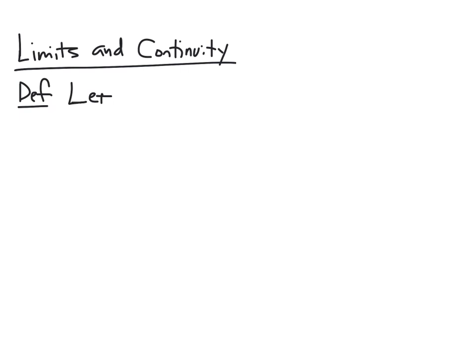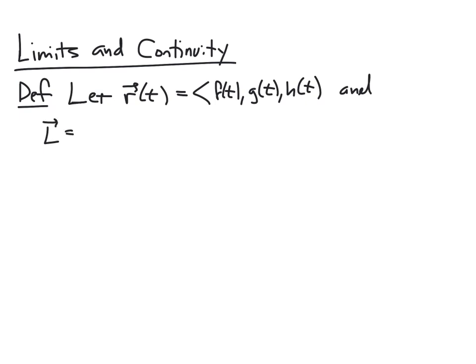What I need here is a vector function r of t with component functions f of t, g of t, and h of t, and a vector L with components L1, L2, and L3. So we have a vector function, and we have a vector L with fixed components.